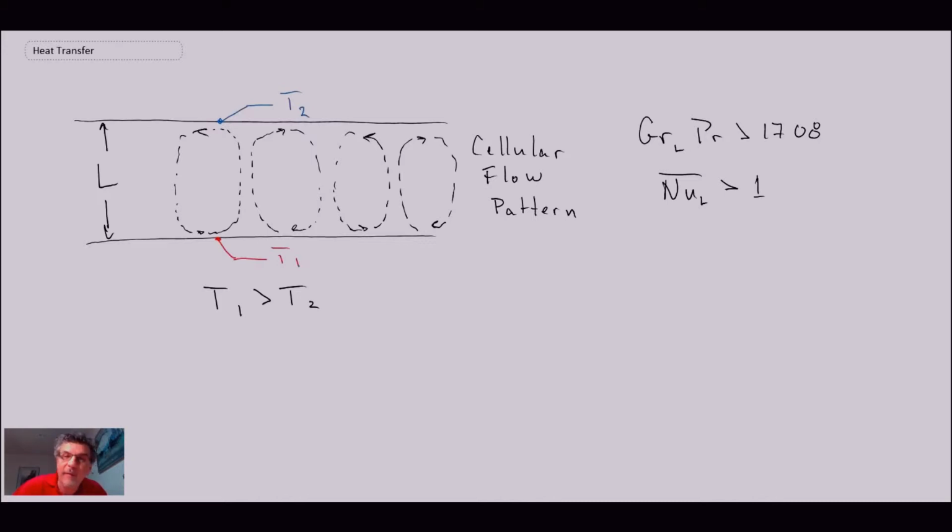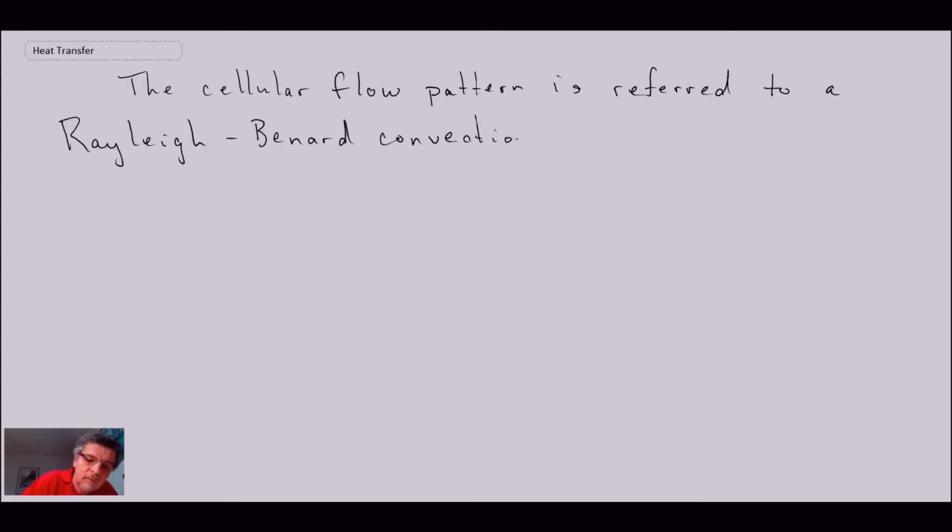It's referred to as the Rayleigh-Bénard convection cells. Those are the cells that exist between the horizontal plates with the heated surface at the bottom.